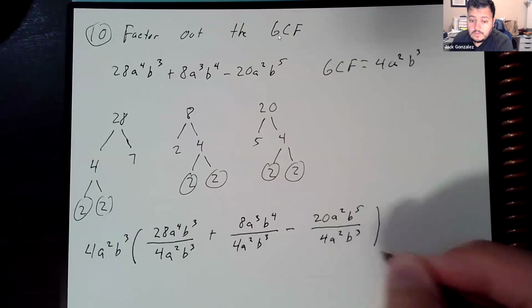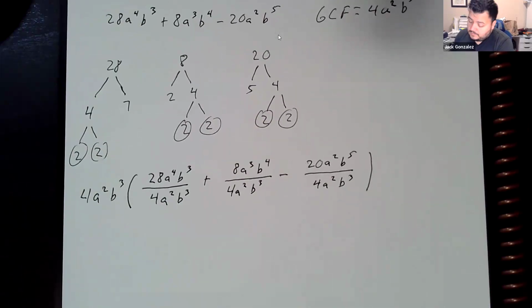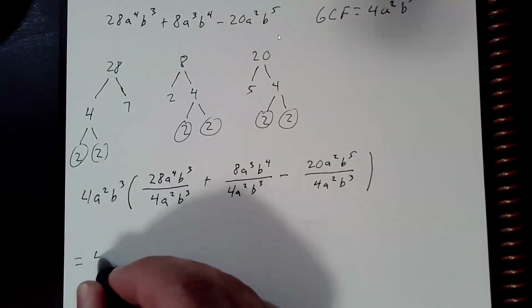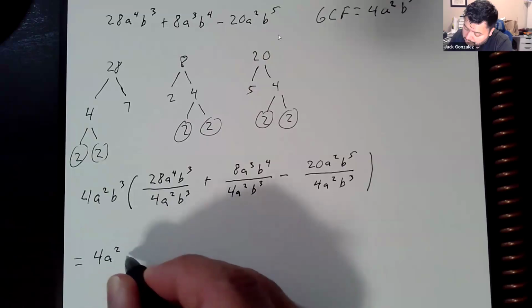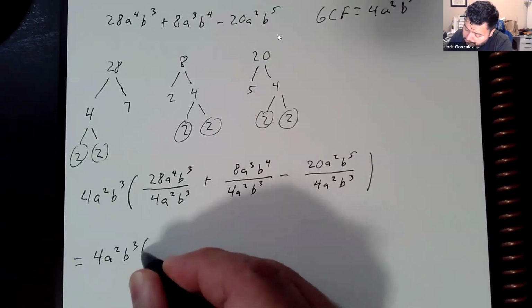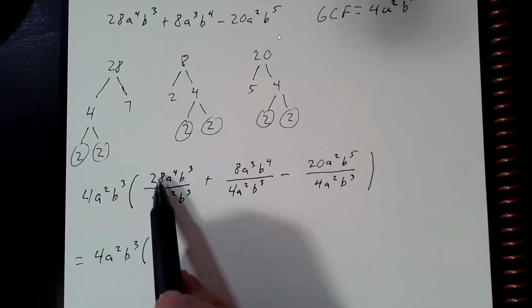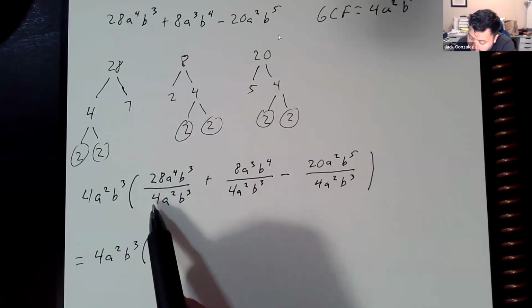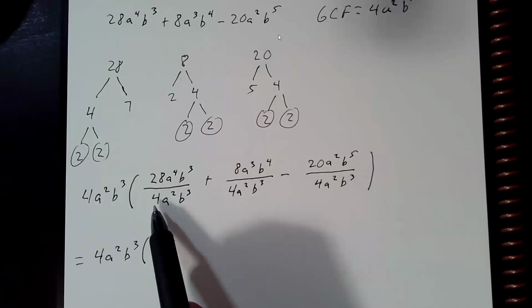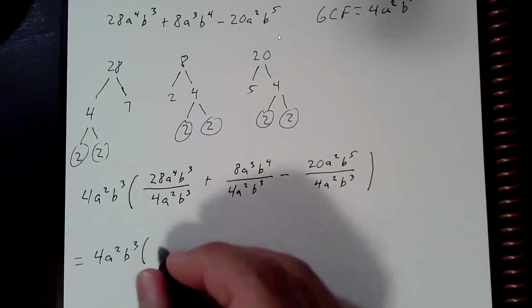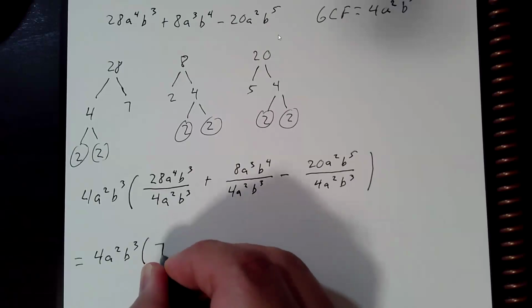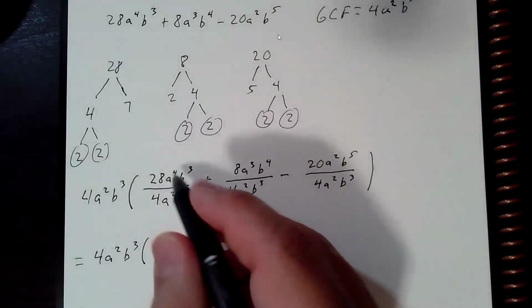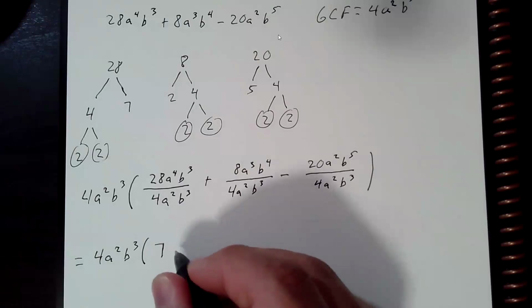Okay, so here we go. 28 divided by 4, what does this become? That one becomes a 7a squared because you don't need the b, since they're both equal.